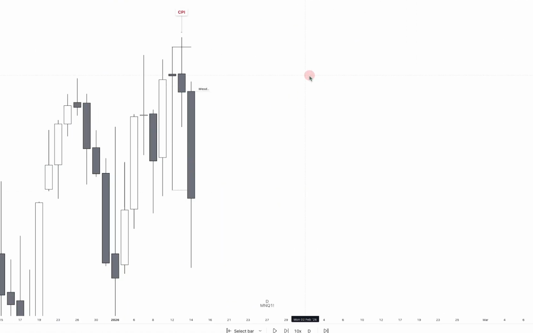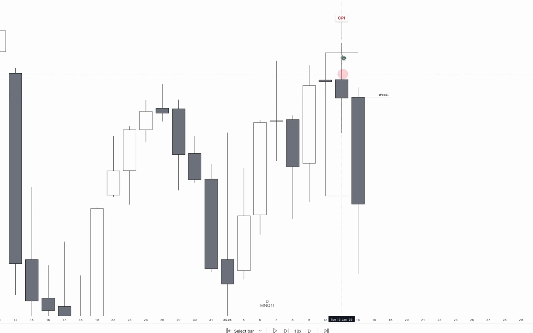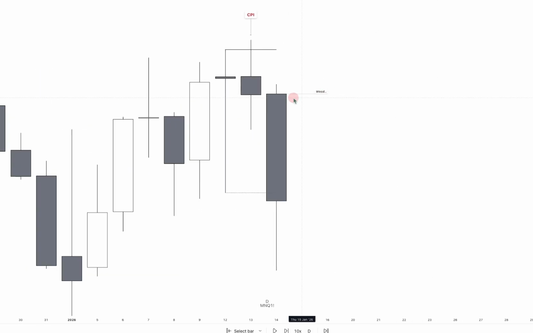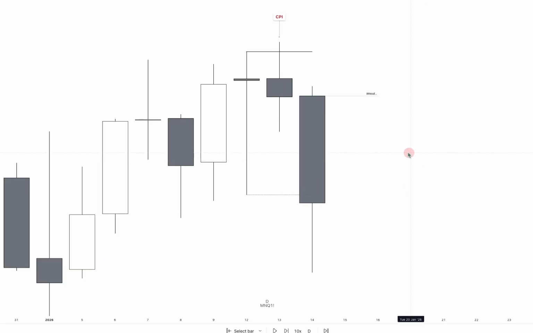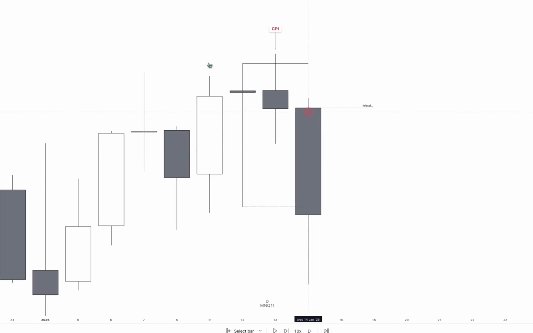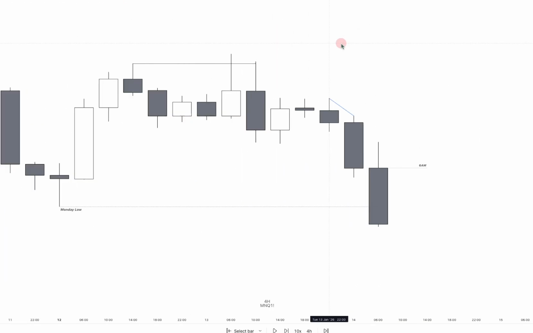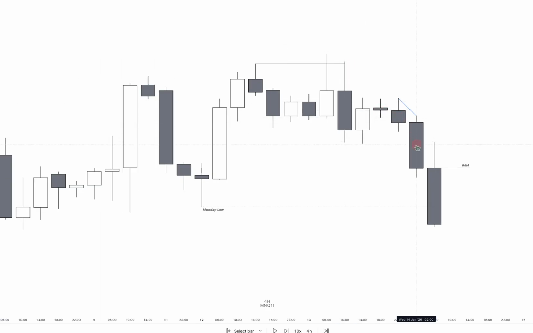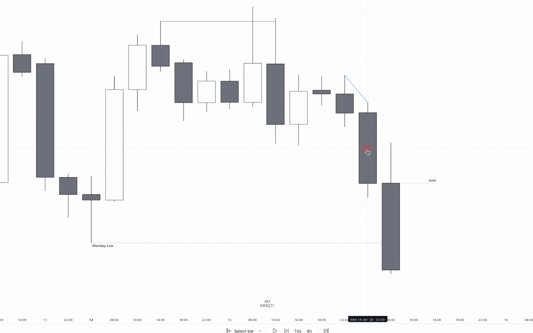The daily closed back in the range, so that gives me an indication to look for more bearish price action or structure. And then the 4-hour opened and started trading lower, basically confirming the framework in the daily time frame.